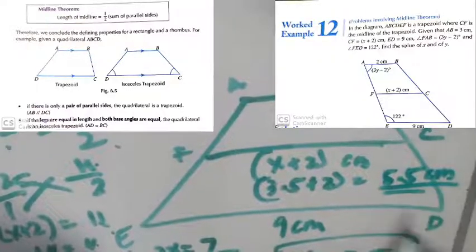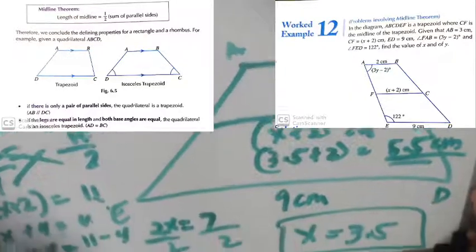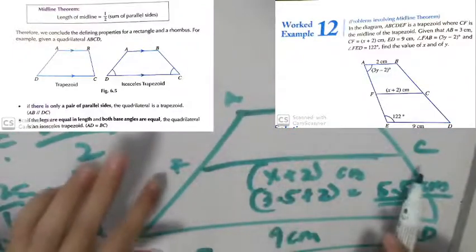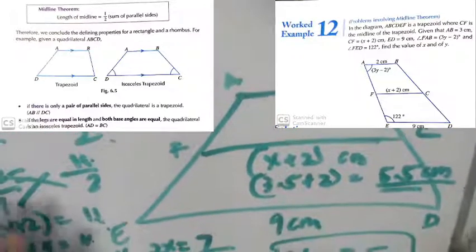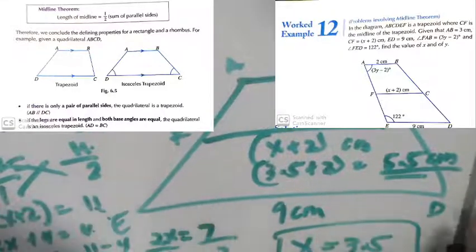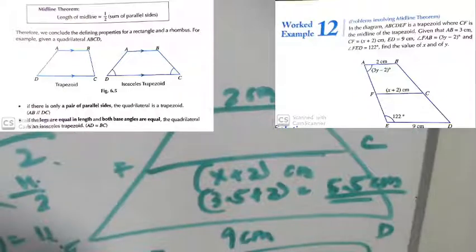Therefore, the length of FC is 5.5. If and when the question was, what is the value of x, 3.5 will do. But if the question was, what is the length of FC, we're going to evaluate x by making x be 3.5. Therefore, your answer must be 5.5 cm.